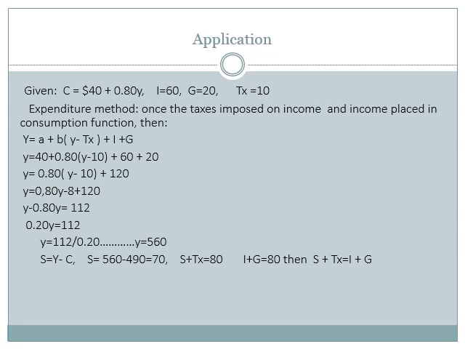Let's push 0.80Y to the left side. The remainder on the right side is 112. On the left side it is 0.20Y equals 112. Y equals 112 over 0.20, which is 560.